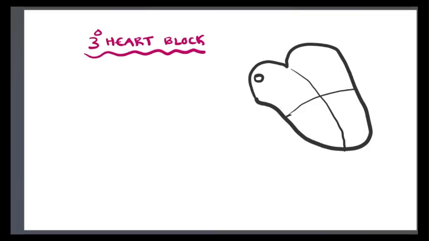So let's summarize the key features of third degree heart block or complete heart block. First one is low heart rate. As we discussed here, the ventricle beats because of the impulse generated by structures below the AV node, maybe from the ventricular wall or maybe from the His bundle.